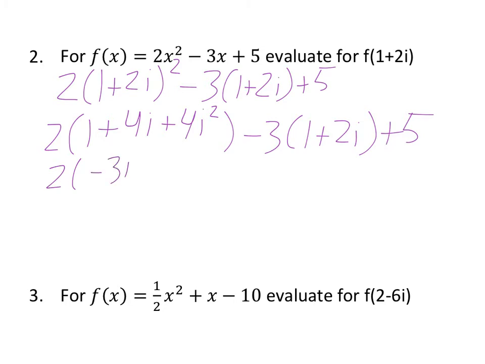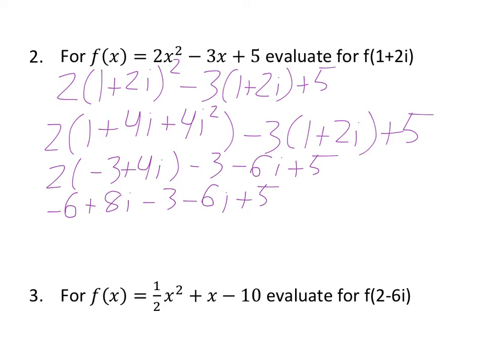Get that minus 3 plus 4i minus, let's distribute that 3, so minus that 3 minus 6i plus 5. Let's distribute our first terms here. So we have minus 6 plus 8i minus 3 minus 6i plus 5.